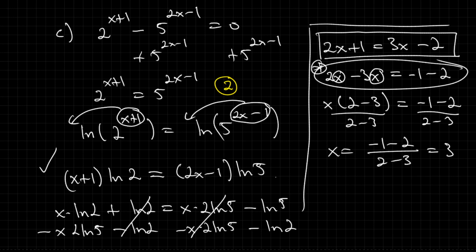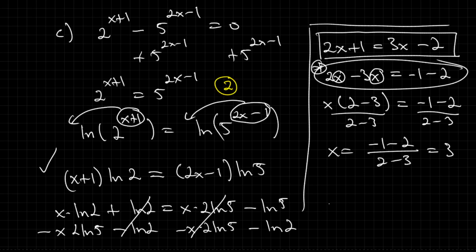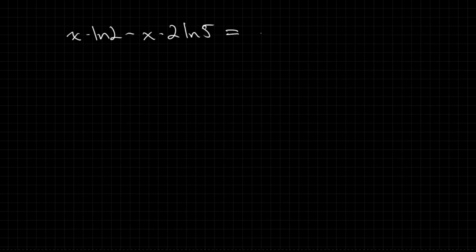So what results is x times ln 2 minus x times 2 ln 5 equals, and what was over here, negative ln 5 minus ln 2.